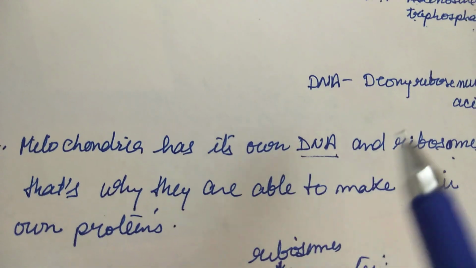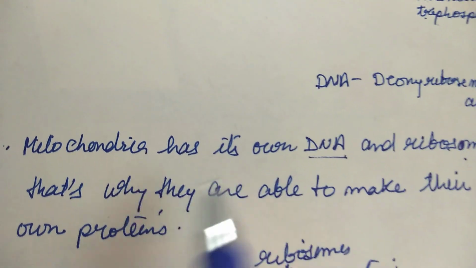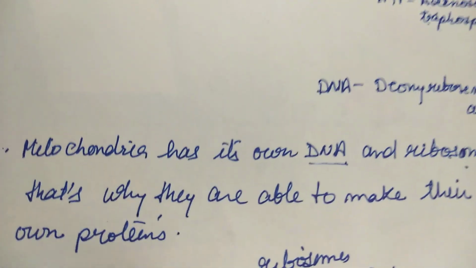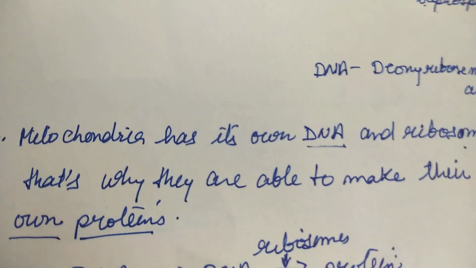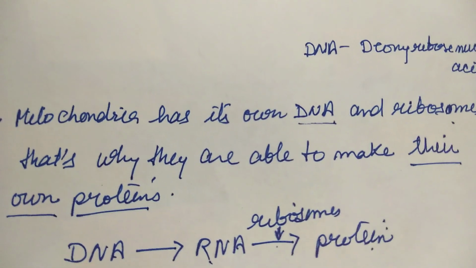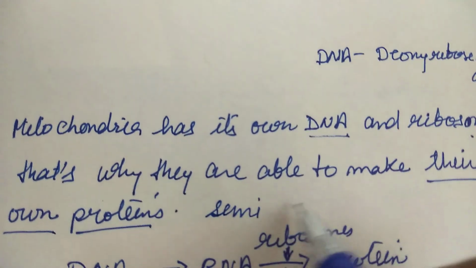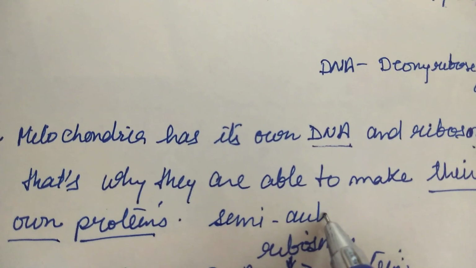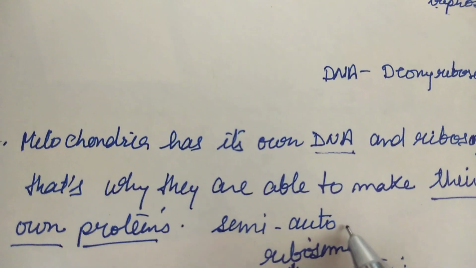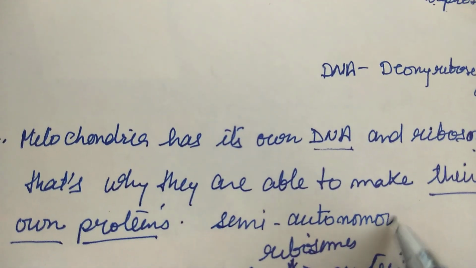Because of the DNA and ribosomes present in it, the mitochondria can make its own protein. This is a very important property of mitochondria. That's why we also call it a semi-autonomous organelle, because it can prepare its own protein.